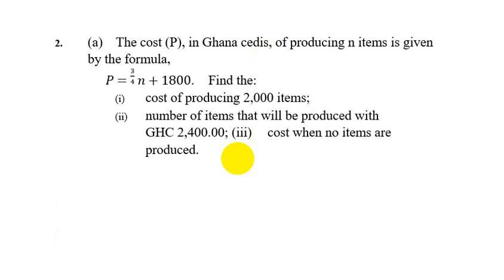Find the cost of producing 2,000 items, and II, the number of items which will be produced with 2,400 Ghana cedis, and also III, the cost when there is no item produced.